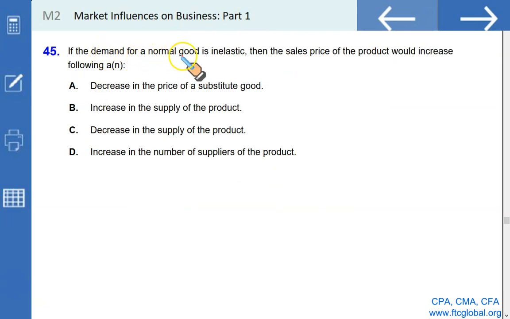If the demand for a normal good is inelastic, PED is less than 1, then the sales price of the product would increase following what? Decrease in the price of the substitute would cause the quantity demanded for this item to go up. We're talking about this normal good.